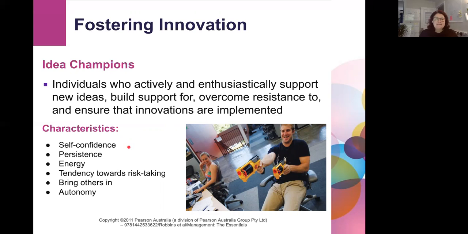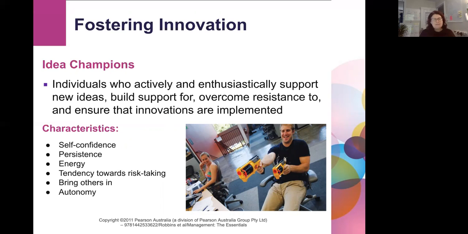The characteristics of people who tend to be good idea champions and innovators are that they have a good sense of self-confidence. They have persistence, so they will work through these problems, and when things are tough, they'll just keep going.